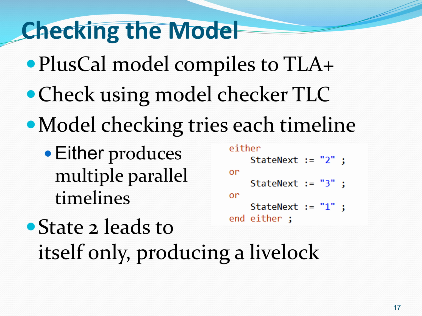If I have parallel or concurrent processes, I can have millions of different timelines that it's going to check, and it does it fairly quickly. Also note that state 2 leads to itself only, so the model checker should find a livelock there, because the system won't terminate.